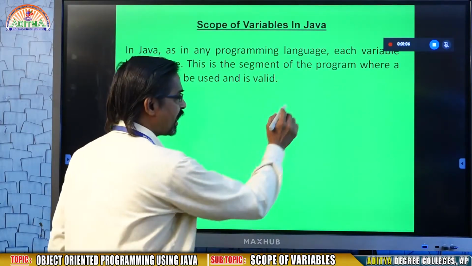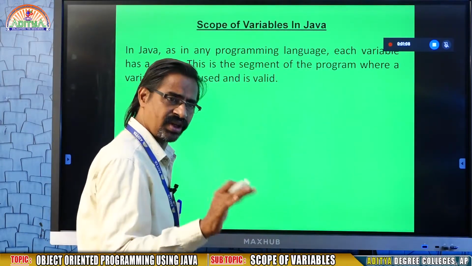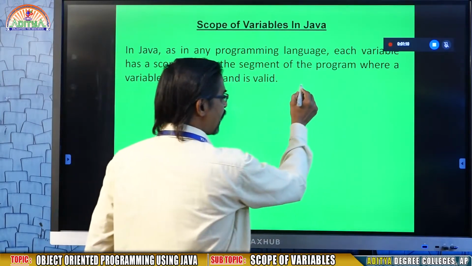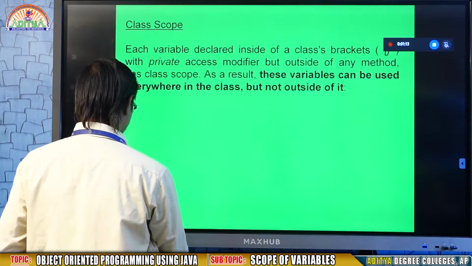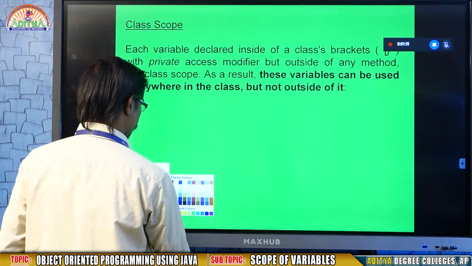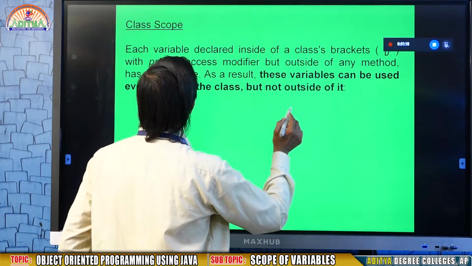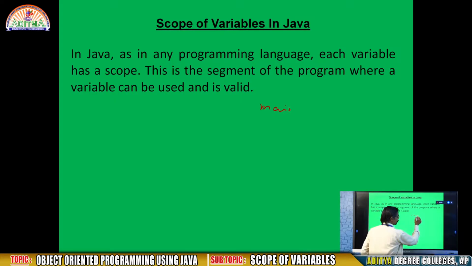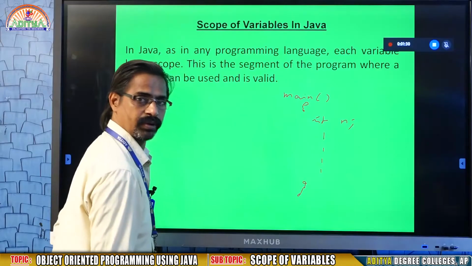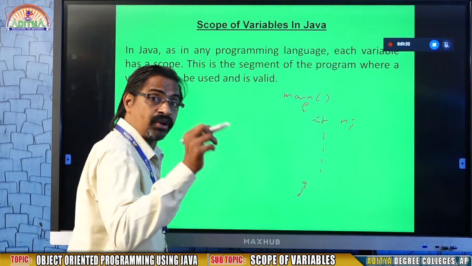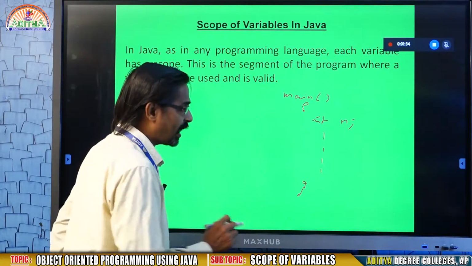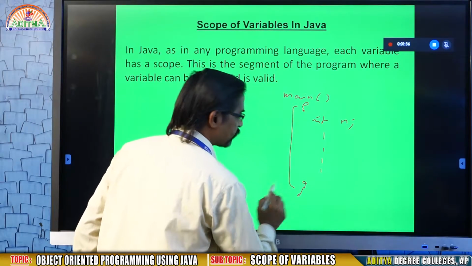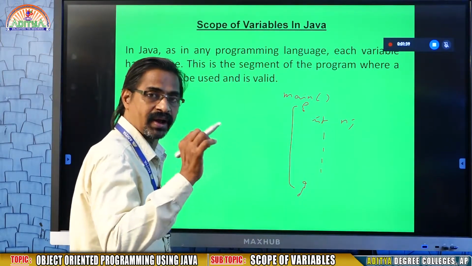For example, we write a program, whether it is in C or in Java, using main. In the main, I am defining a variable n. So, where you declare the variable, that is important. I declare my variable in main.